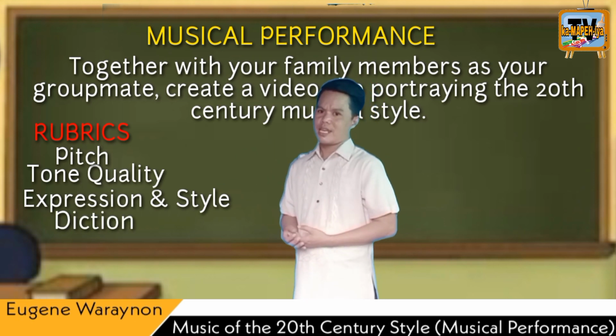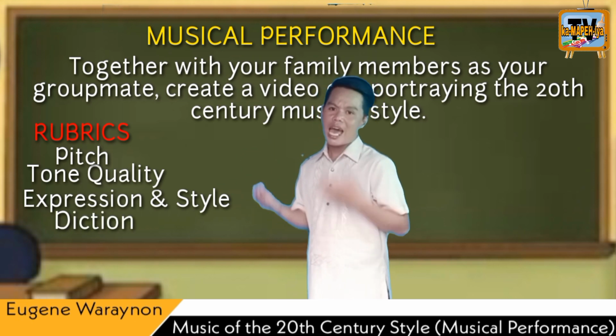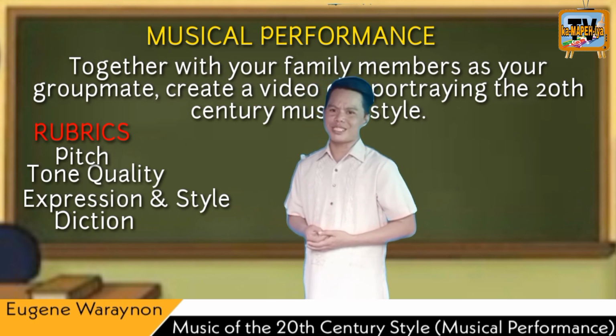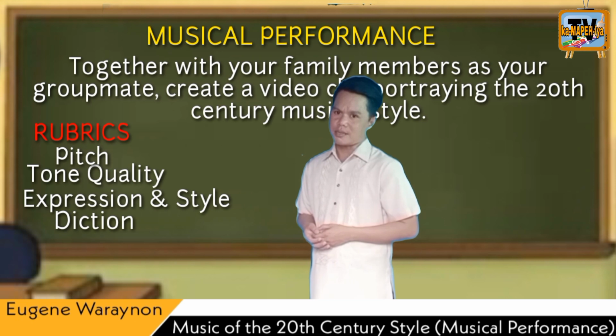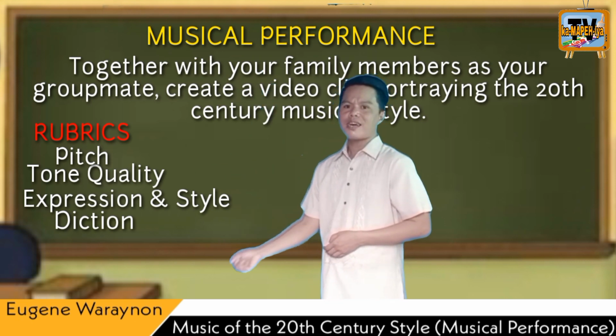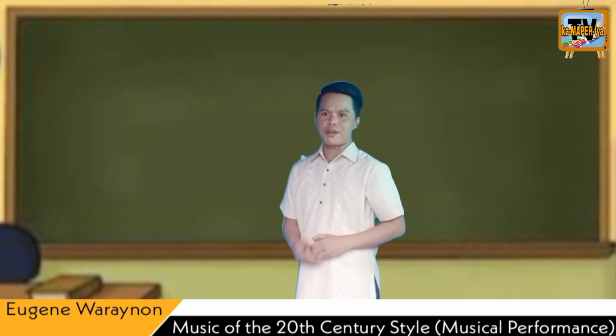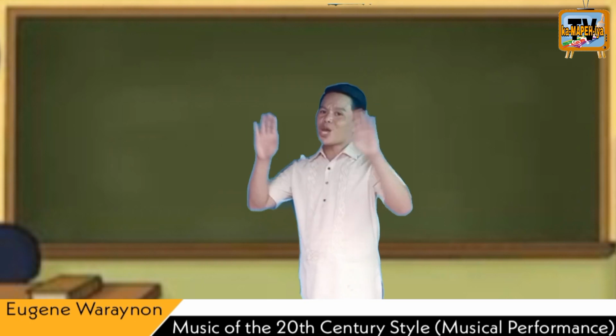Diction. So diction is the way you articulate clearly so that the text of the music is understandable. So those are the criteria for your musical performance. Enjoy your performance, co-players, and good luck.